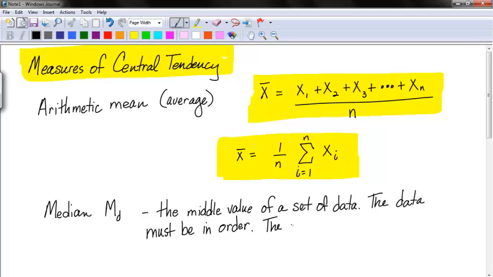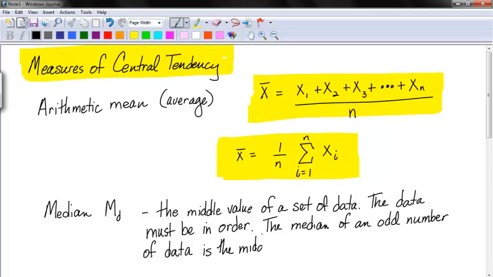The median of an odd number of data is the middle value.